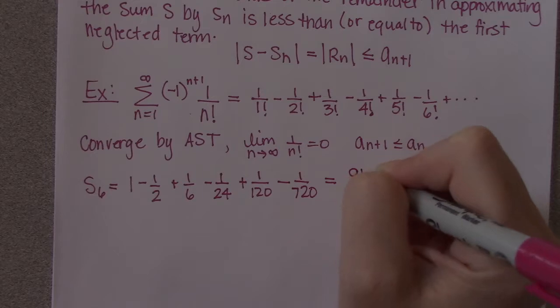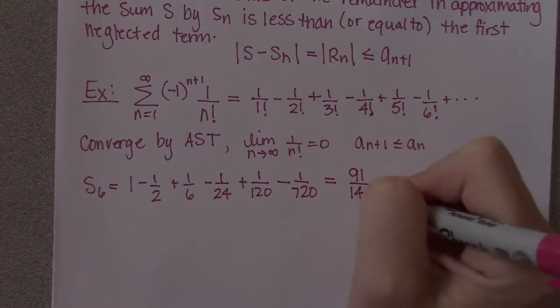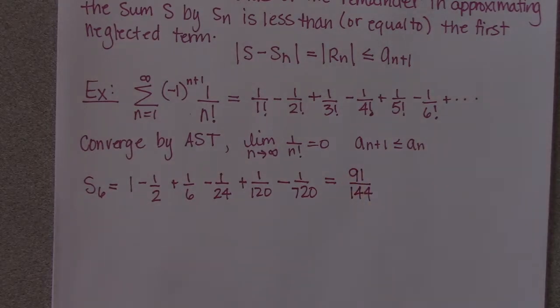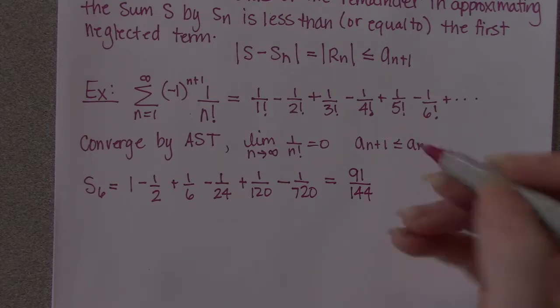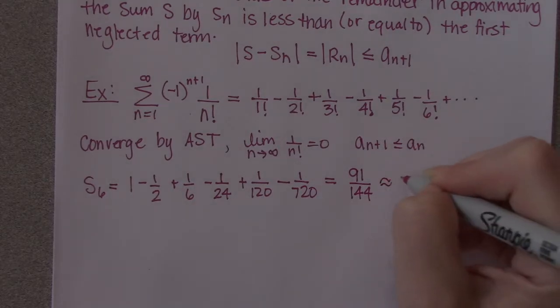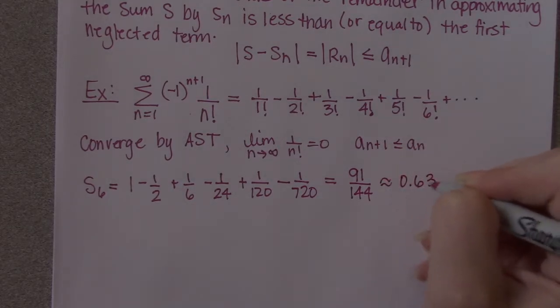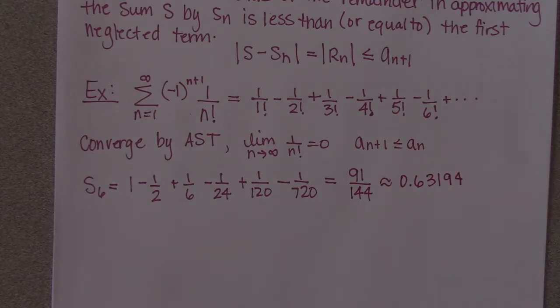And when you add those up, you get 91 over 144. And that is approximately equal to 0.63194. So those are just adding up the first 6 terms.